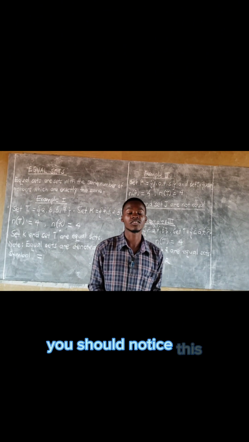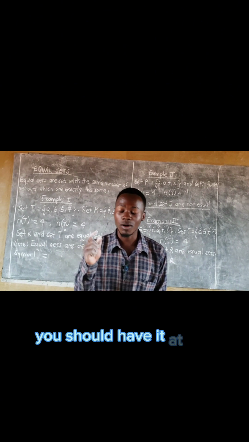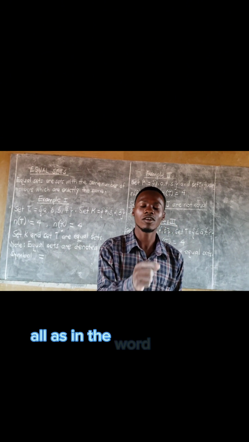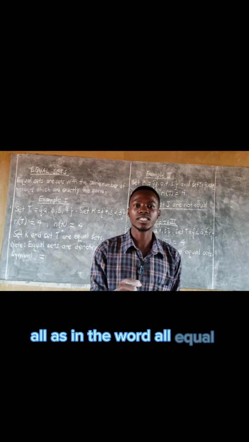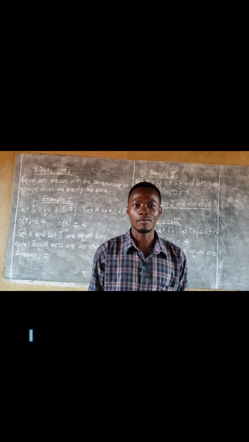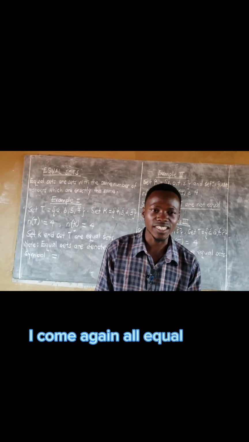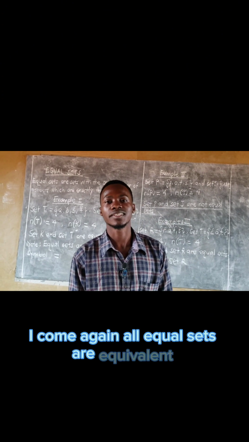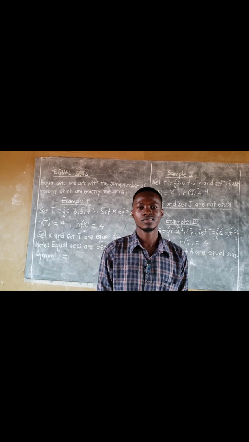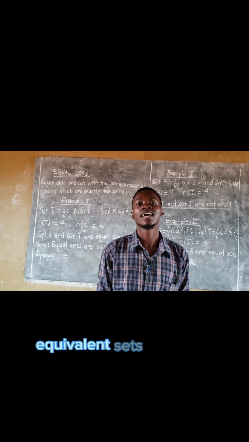You should have it at the back of your minds that all, as in the word all, equal sets are equivalent. I come again. All equal sets are equivalent. But not all equivalent sets are equal.